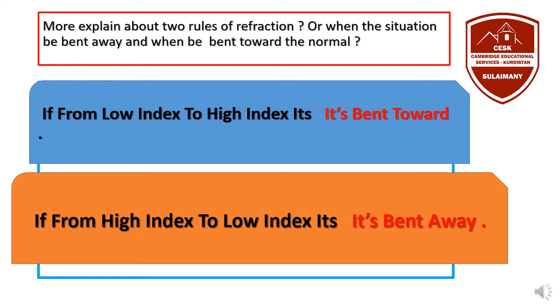Give me an example: if you are coming from air, which is n equal 1, to glass, which is n equal 1.6, this is from low index to high index. So what about the refracted ray? The refracted ray bends toward the normal. Okay, this is number 1.